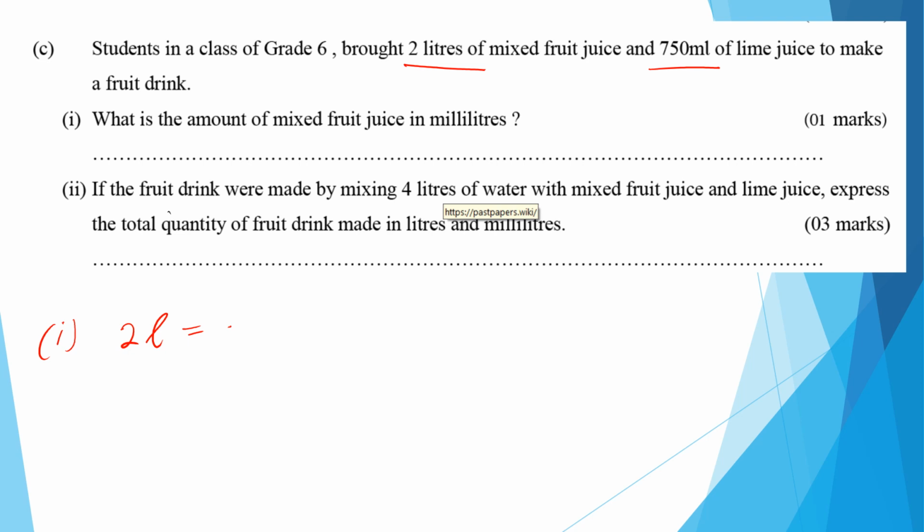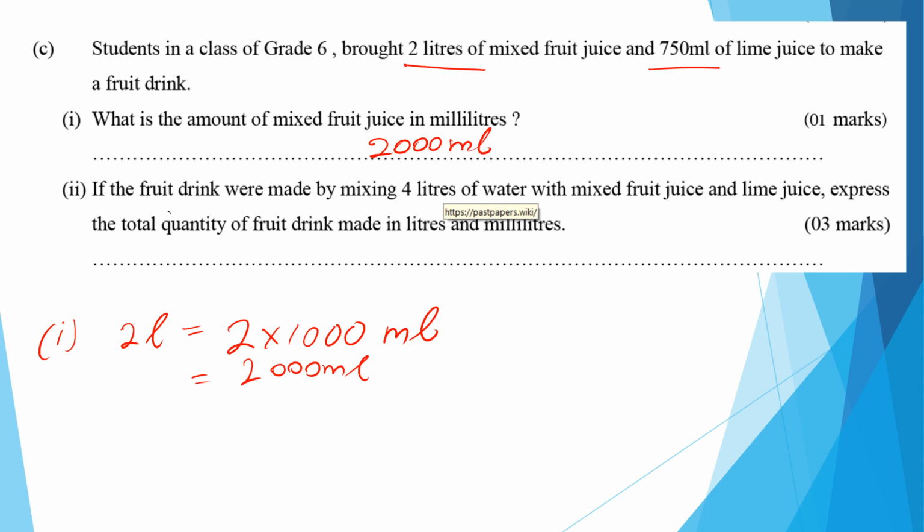Therefore you have to multiply this 2 by 1000 to get the amount in milliliters. Then it is 2000 milliliters. You can write here 2000 milliliters. This is the amount of mixed fruit juice.